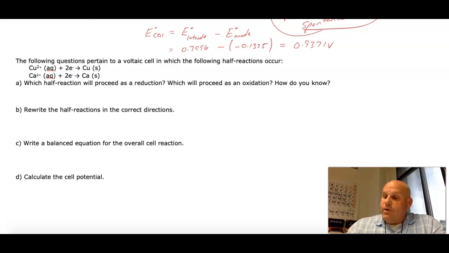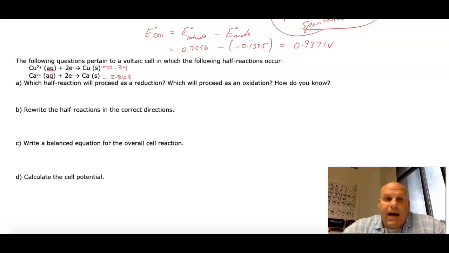Now, when this is the case, if I look up those reduction potentials in my table, for this first one, I get 0.34, and for the second one, I get a negative 2.868.